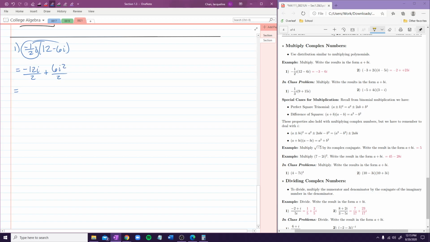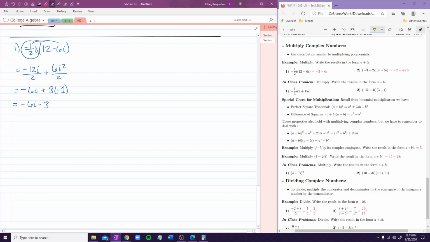Now let's simplify. Negative 12i divided by 2 is negative 6i. And then 6i squared divided by 2 is 3 times negative 1, since i squared is negative 1 and 6 divided by 2 is 3. So I get negative 6i minus 3.